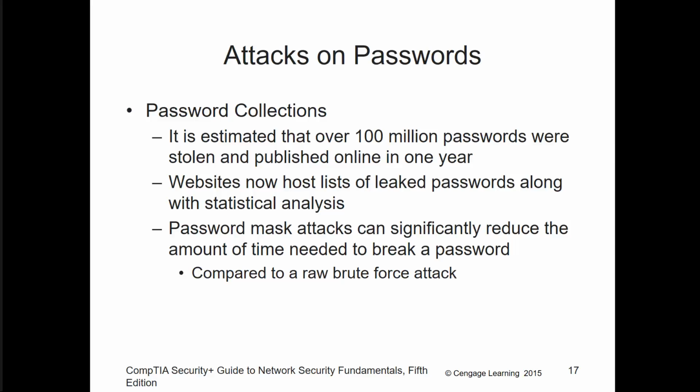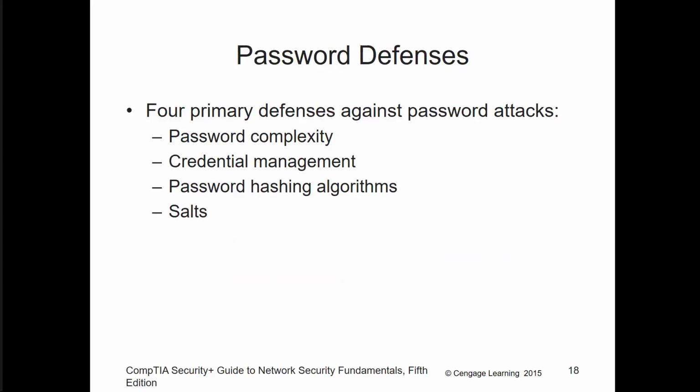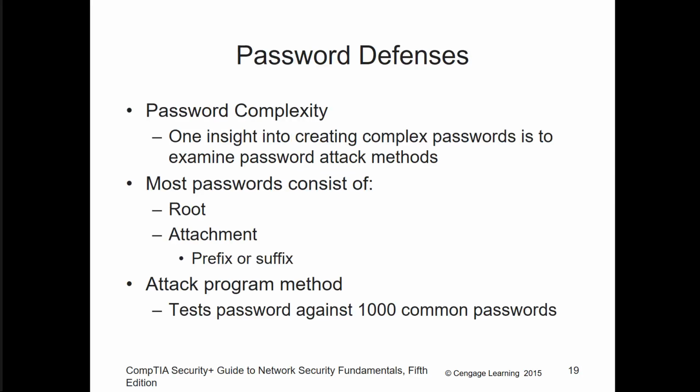In all honesty, good password policies and good user training kind of defeat these types of attacks. There are four primary defenses: complexity, management, hashing algorithms, and salts. Password complexity means making a more complex password.